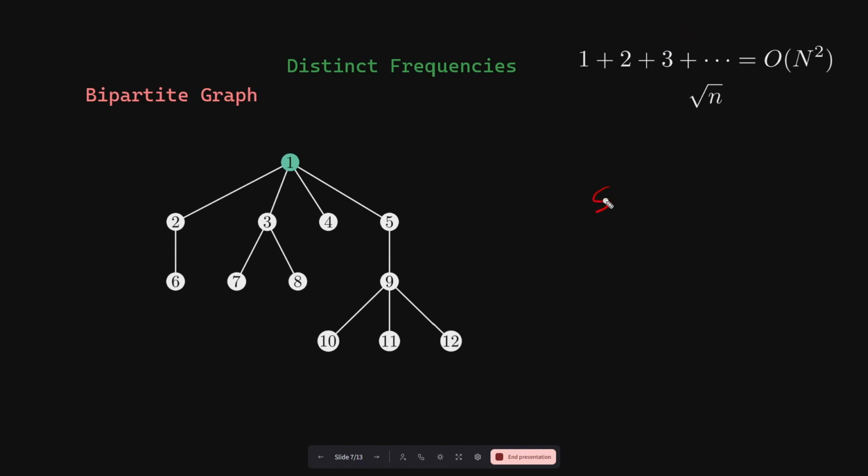But what if the node at 5 is using this node 4, but this node at 6 is using this node 4 again? Then we are overcounting, and in that case maybe the number of rounds is actually more than root n. So we need a proper proof. Even though we do not have one now, we have some idea that we need to explore this direction further on what the maximum number of rounds can be. Is it n, is it root n, or is it something even smaller?